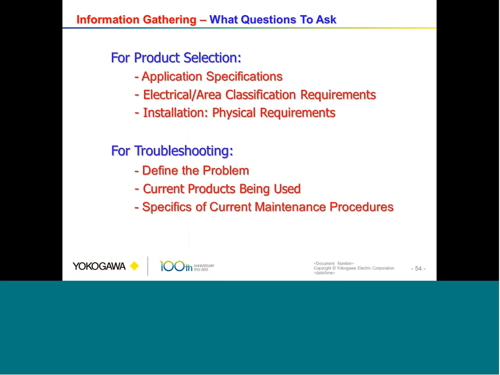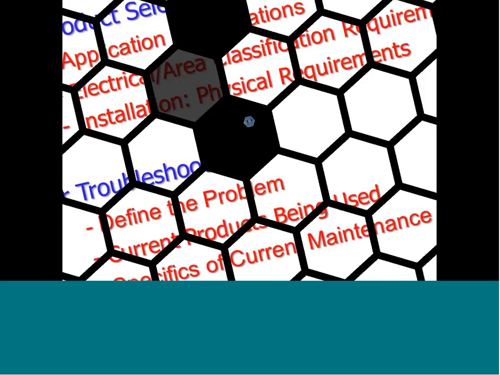If you need information or you've got problems that you need to call in or email us about, these are the things you need to have already looked at, because we're going to ask these questions. If you know these answers, what your specifications are, what the problem is, what kind of installation issues, then we can help you more effectively get the right products or the right electrodes for your particular application.